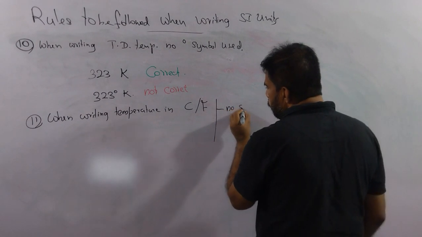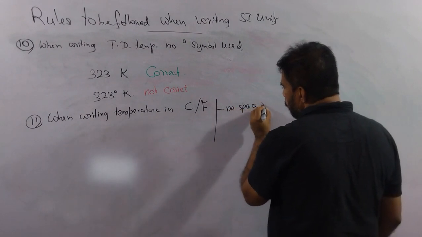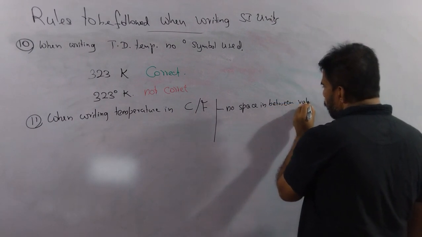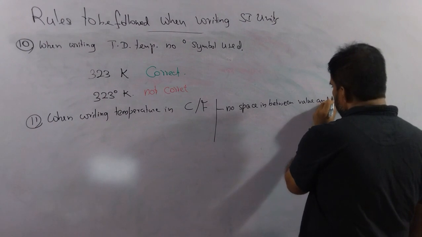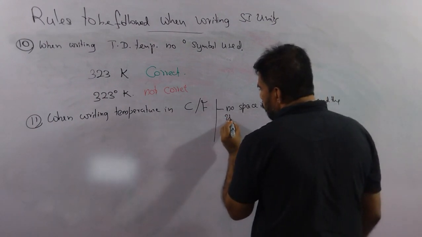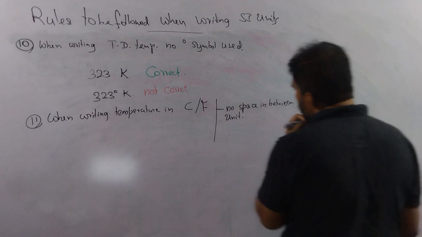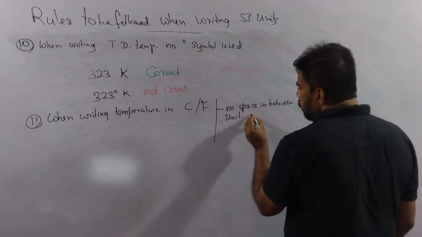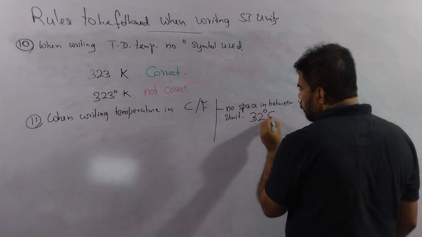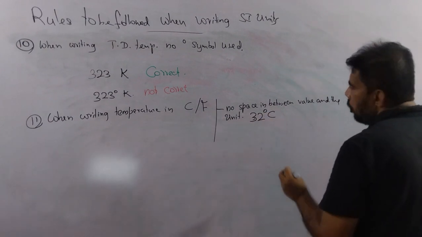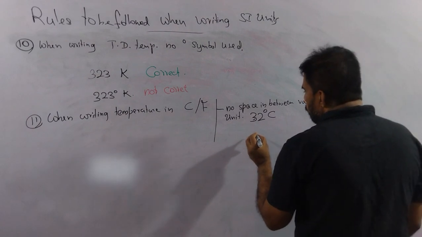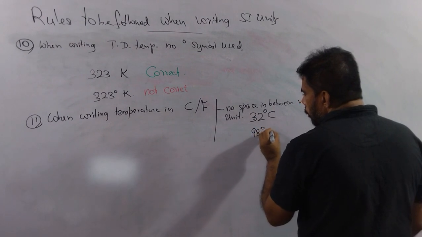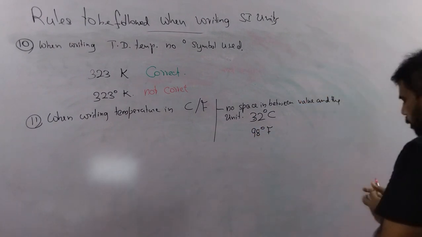No space between the value and the unit. For example, 32 degree Celsius you can write like this, or maybe 98 degree Fahrenheit you can write like this.